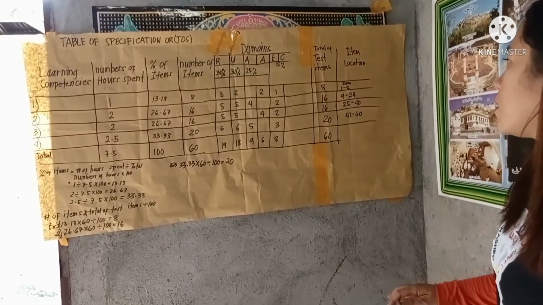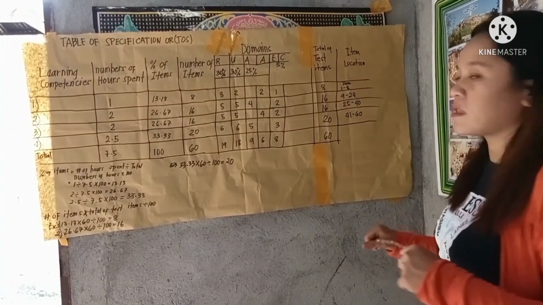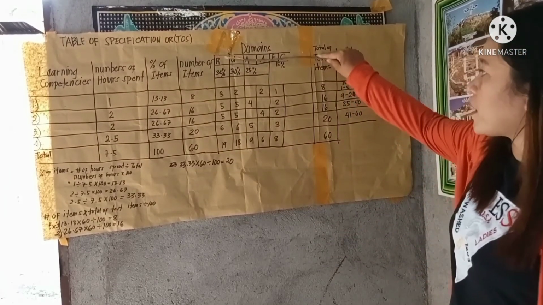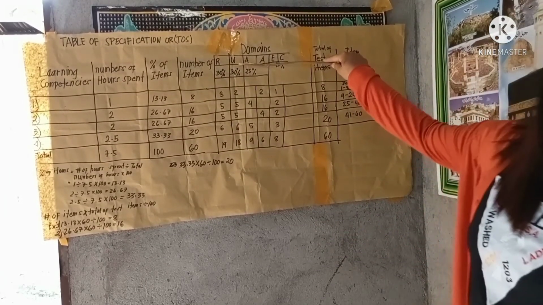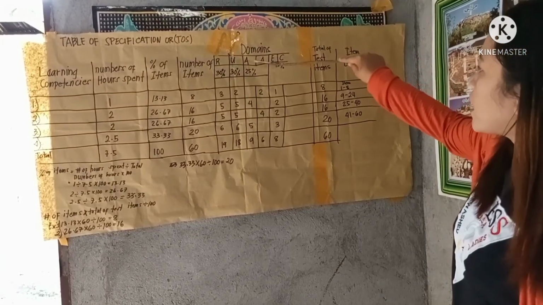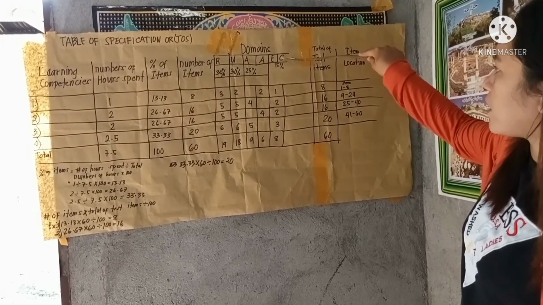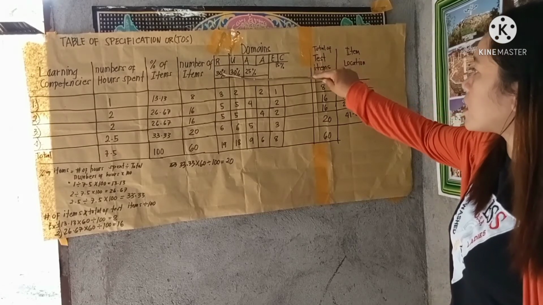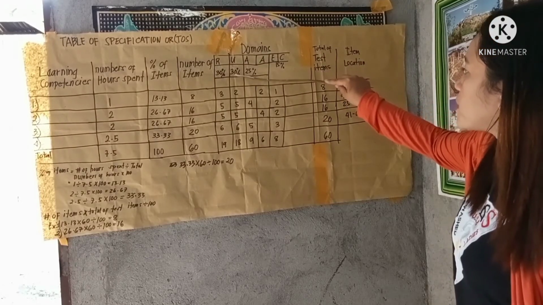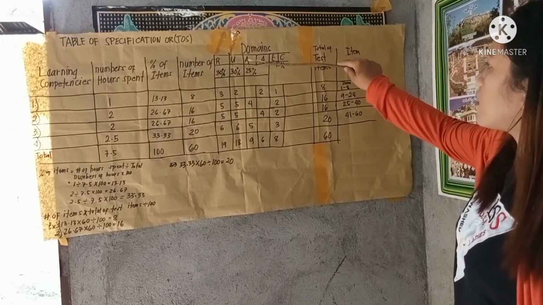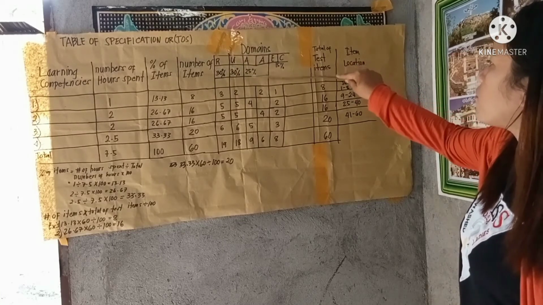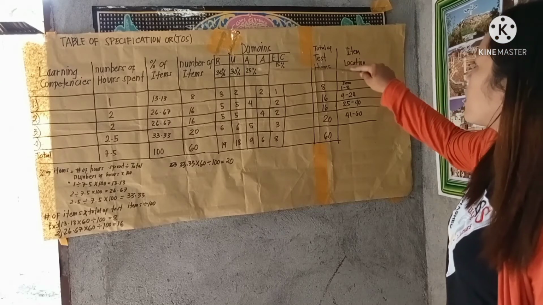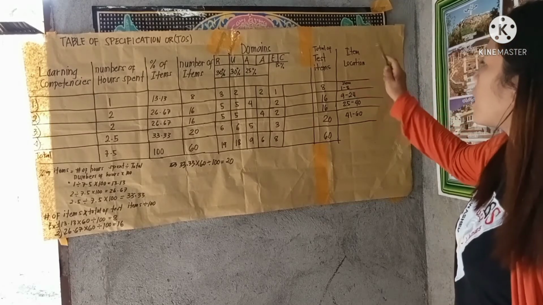So, here we have the domains: remembering, understanding, applying, analyzing, evaluation, creating. For remembering, 30%. Understanding, 30%. Applying and analyzing, 25% only.